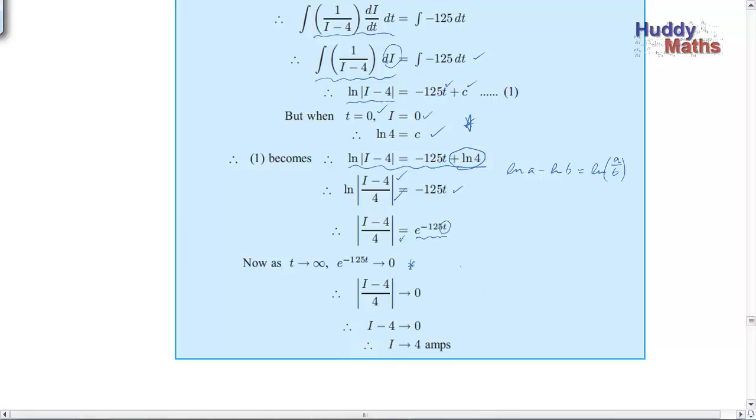Just check that. e to the negative 125t is 1 over e to the 125t. As t tends to infinity, this gets very big, and so 1 over it tends to 0. Therefore we would say I take 4 tends to 0 and I tends to 4 amps.